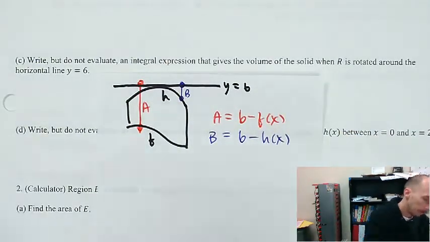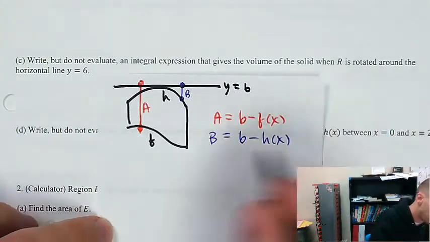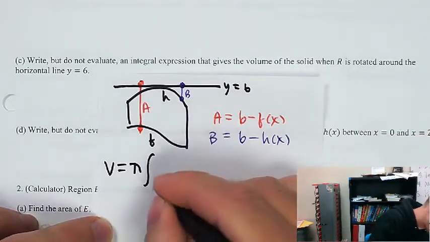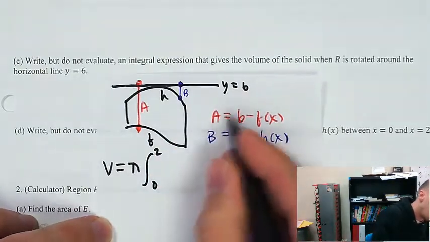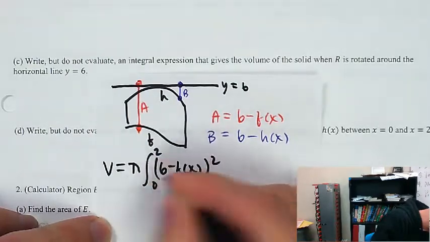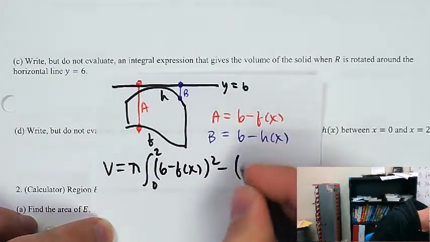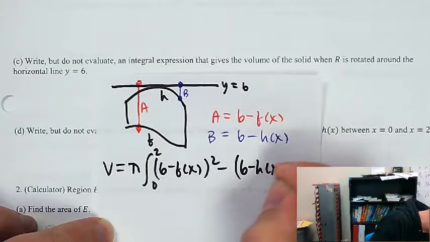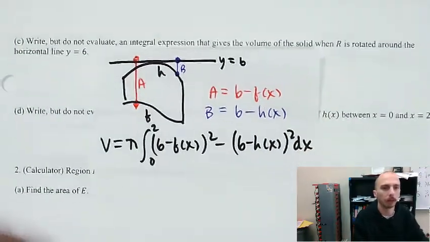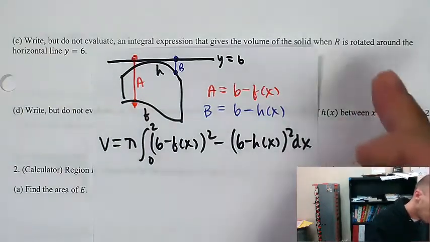So that my volume that I'm going to write an expression for and not evaluate would be pi times the integral. X is still going from 0 to 2. Large radius squared minus small radius squared dx. Okay, and then that's us writing and not evaluating an integral.